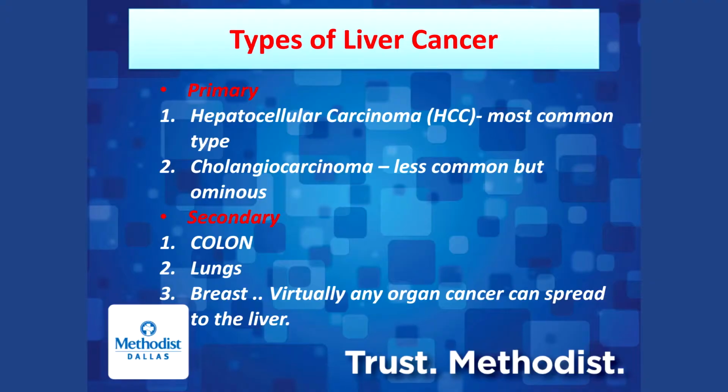So the most common site of metastasis from colon cancer is the liver. The lungs, the breast, and virtually any organ cancer can spread to the liver.